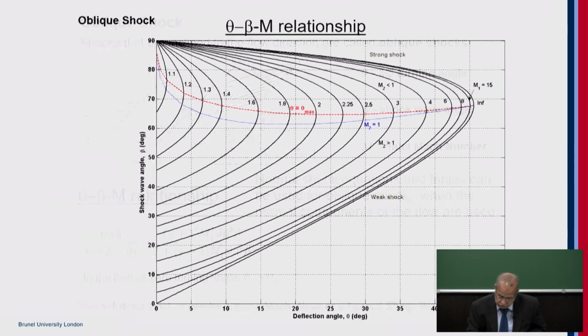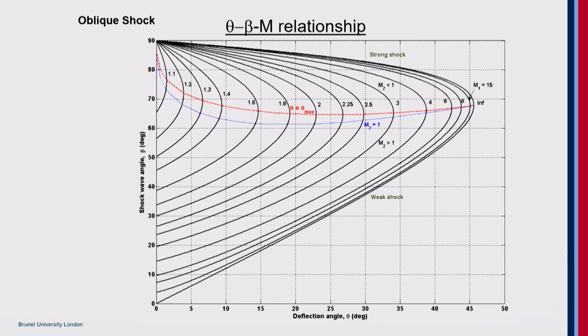So this is the graph we have discussed here. On the top you have this strong solution, and this is the weak solution.